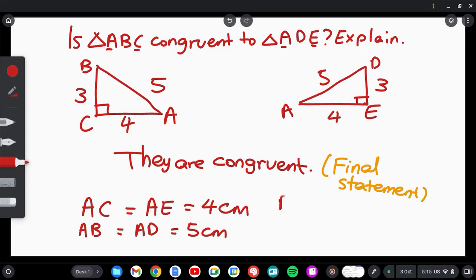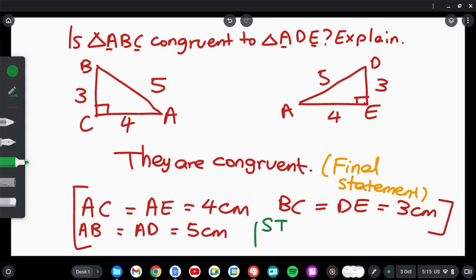BC, B for Bravo, BC equals DE equals 3 cm. Once you are done, this is your super first step. The one in the bracket is the first step, after which you will write this.